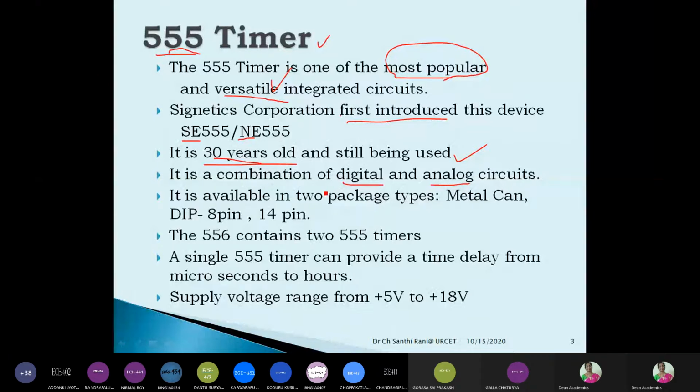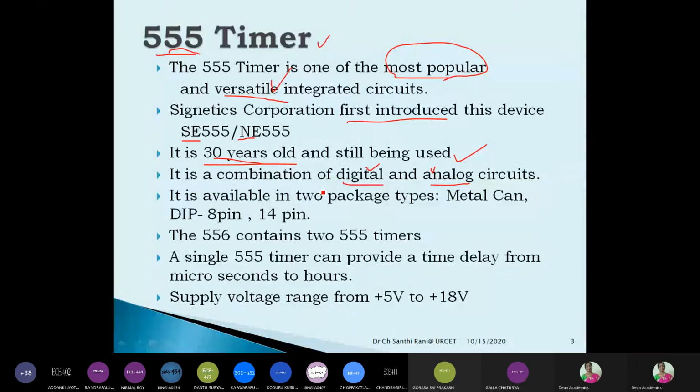That means the internal circuit diagram for this 555 timer has both analog circuits and also digital circuits, right? Digital circuits like flip-flops, and analog circuits like comparators are there. Comparator, inverter are used, and digital circuits like flip-flop are used in this 555 timer. Okay, so it is a combination of both the digital and analog circuits.